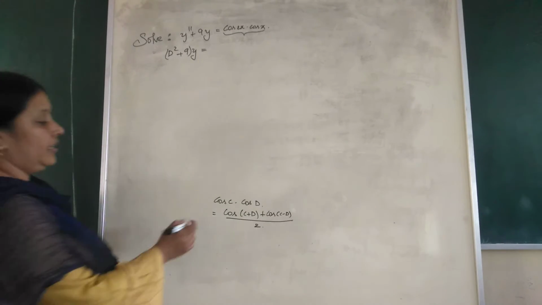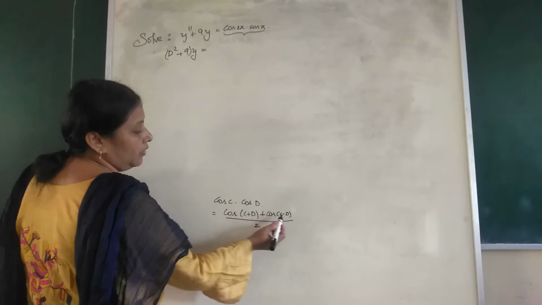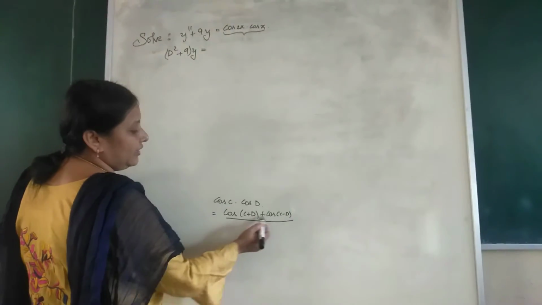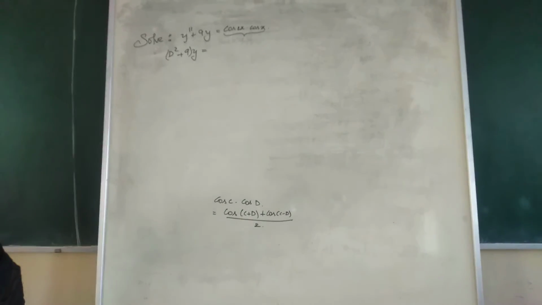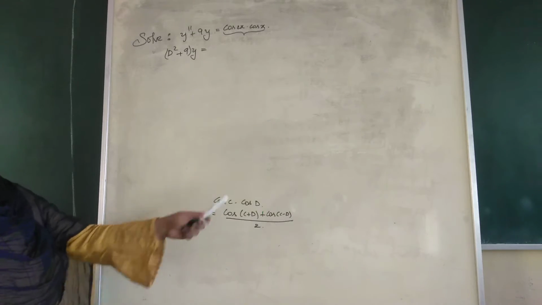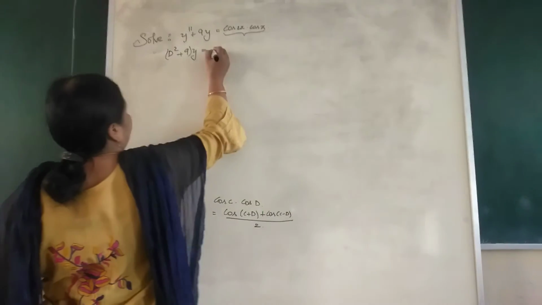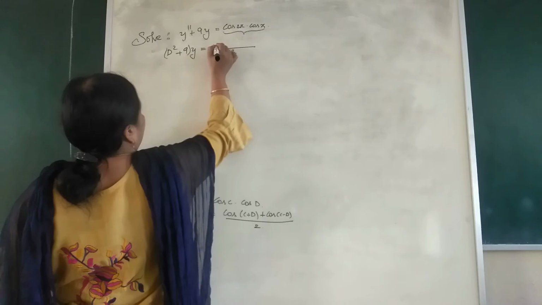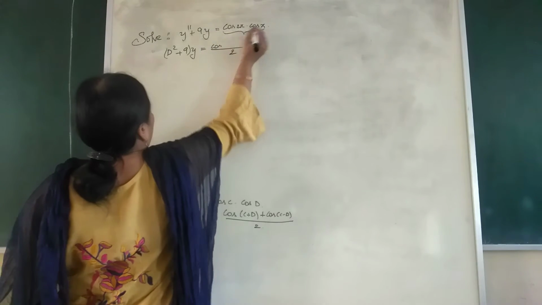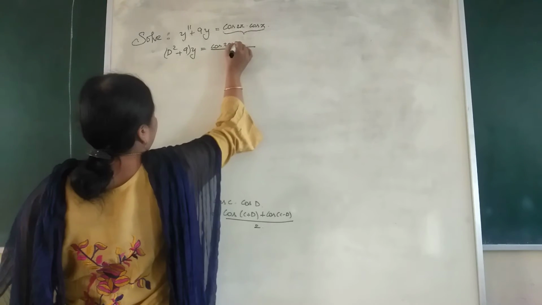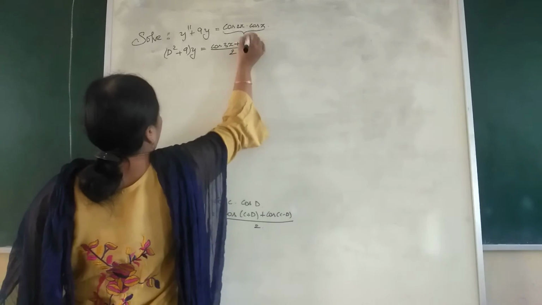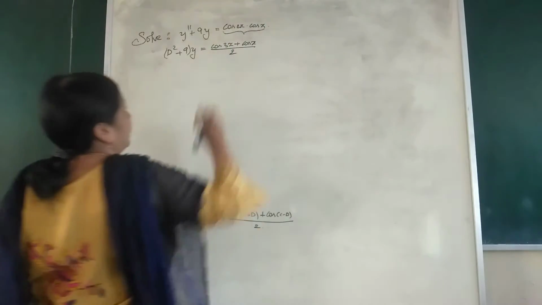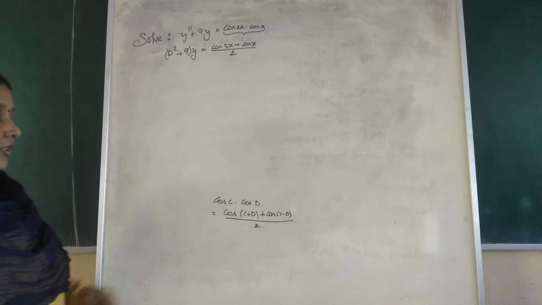Applying this, we add these two and subtract these two to get the angles. Both are cos terms in the product, so in the sum also you will get both cos terms. So this becomes, denominator 2, cos of 2x plus x, which is 3x, plus cos of 2x minus x, which is x. Hope this is clear to everyone.